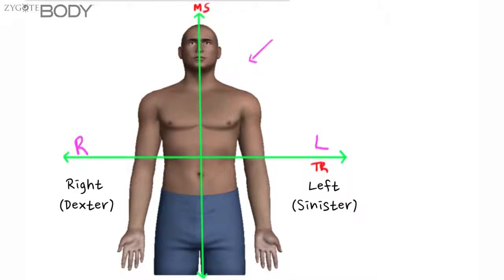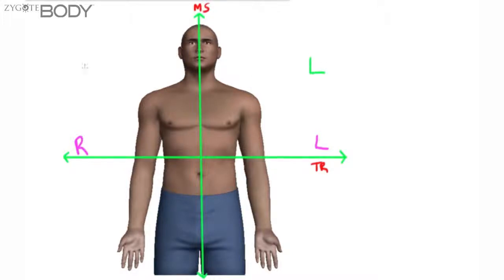So anything found on this side is the subject's left side, therefore this is a left part, and we can say that the lung found here is the left lung and the left kidney, and so forth. The same thing applies on this side: anything on this area is the right side of the subject, and therefore we can call the right lung, the right kidney, and so forth. Moving on to other directions that we need to know.